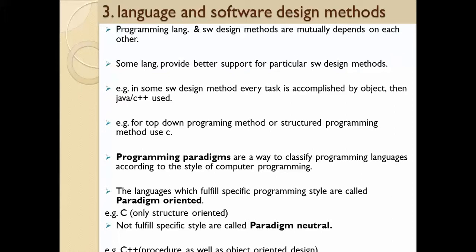So this is nothing but a way to classify programming languages according to the style of computer programming. There are different programming languages: C, C++, Java, HTML, PHP, .NET, Pascal.